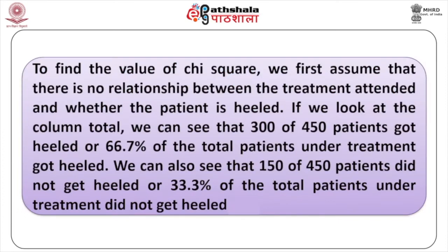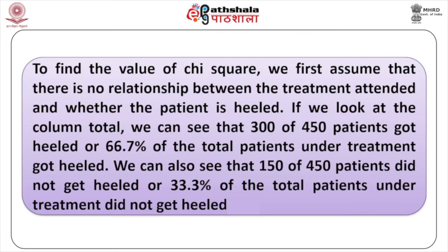To find the value of chi-square, we first assume that there is no relationship between the treatment attended and whether the patient is healed. If we look at column total, we can see that 300 out of 450 patients got healed, or 66.7% of the patients under the treatment got healed.